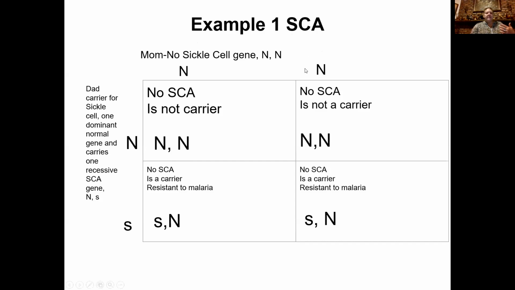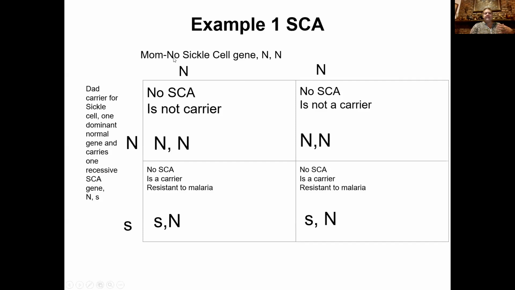So the way that I've laid this out for you to make it easier to understand is to use the uppercase letter N for our normal cell, and the lowercase s for our gene that carries sickle cell.